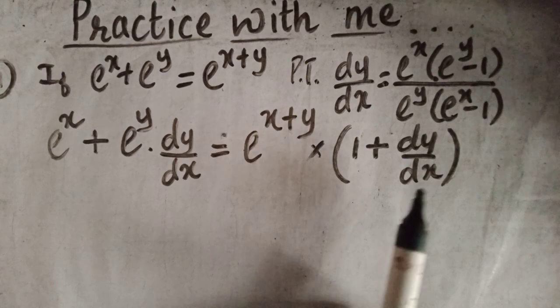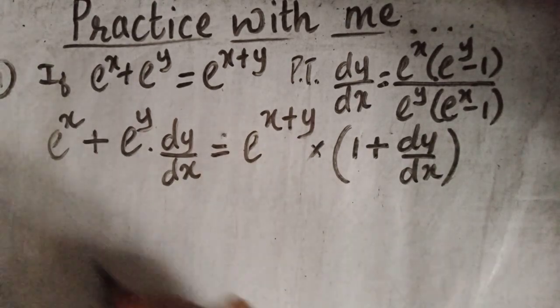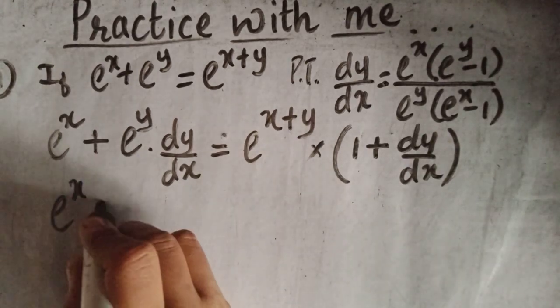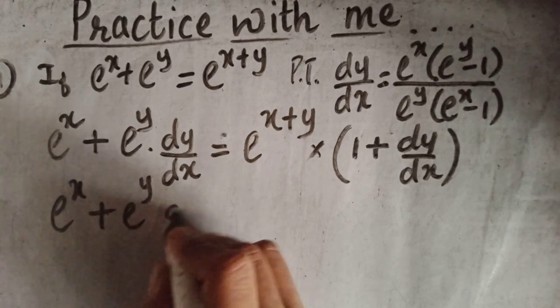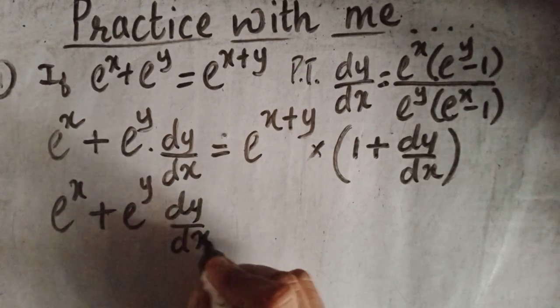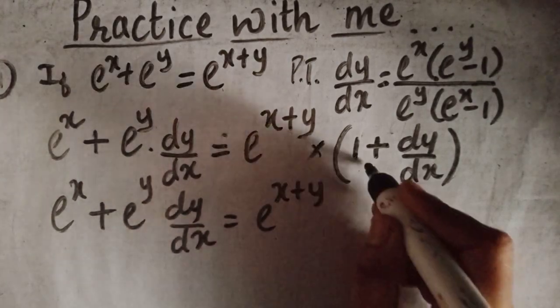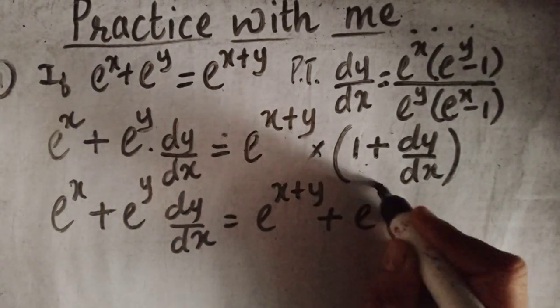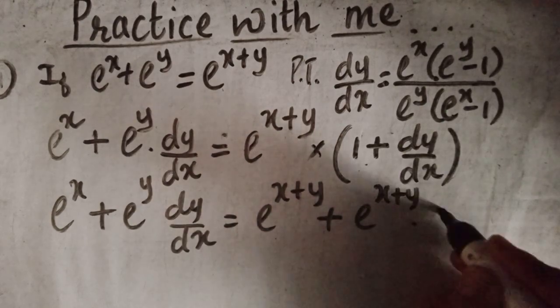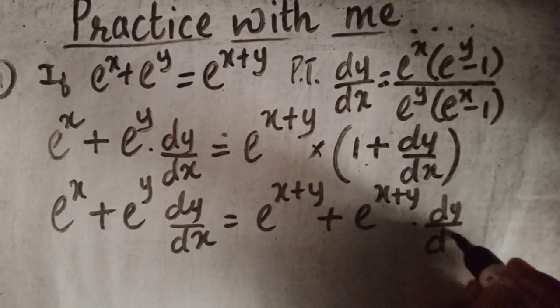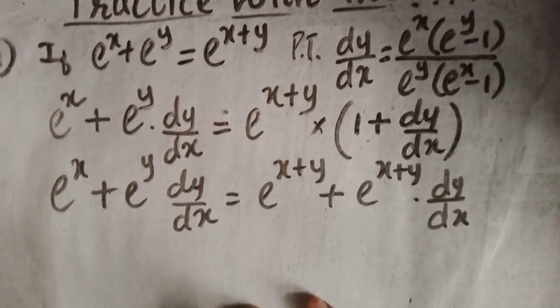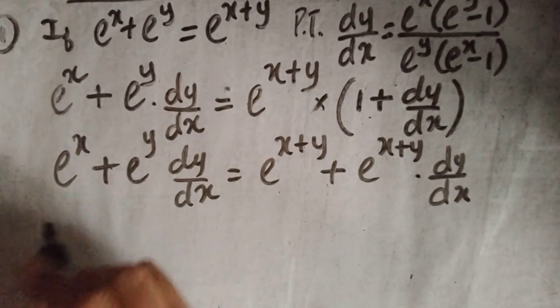Now we want dy by dx, right? So we have to take together the terms with dy by dx. So this you can write, and take inside, e raised to x plus y into 1 plus e raised to x plus y into dy by dx. Now take the dy by dx terms together.